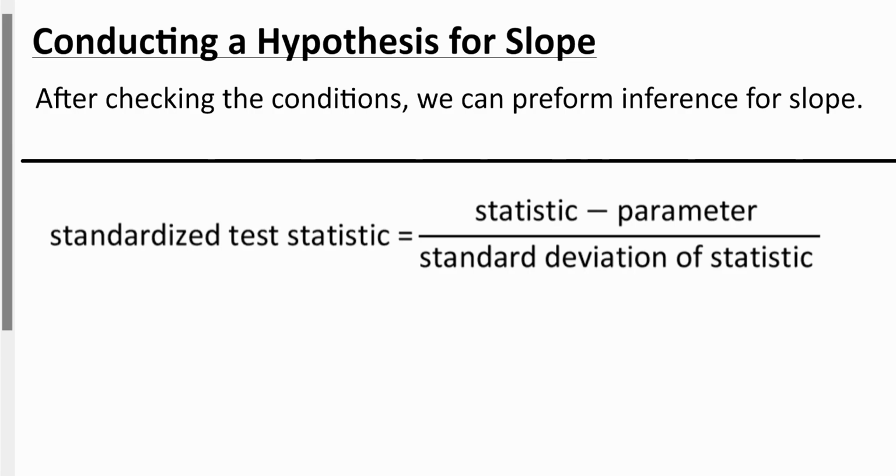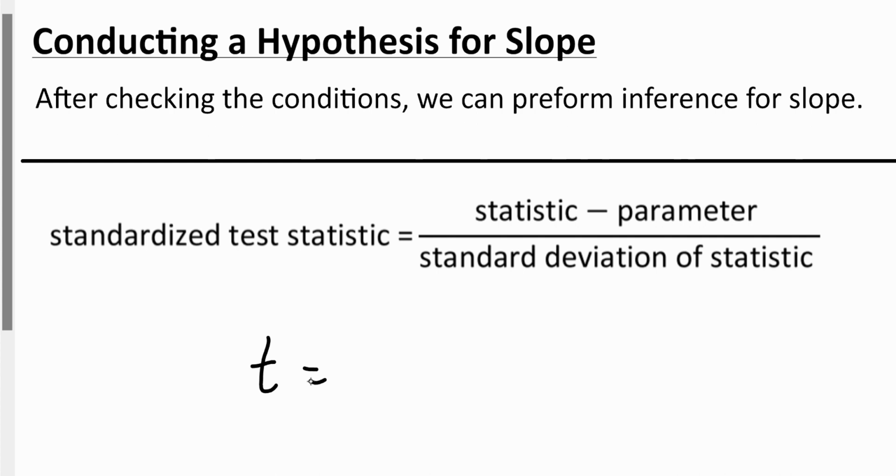So that's where I want to take you. If we go back to our formula sheet, after checking conditions, we can perform inference with slope. Conducting a hypothesis test, our general test statistic, in this case it's t, is going to be your statistic minus your parameter divided by the standard deviation of that statistic, or standard error. So in this case, what goes in there?